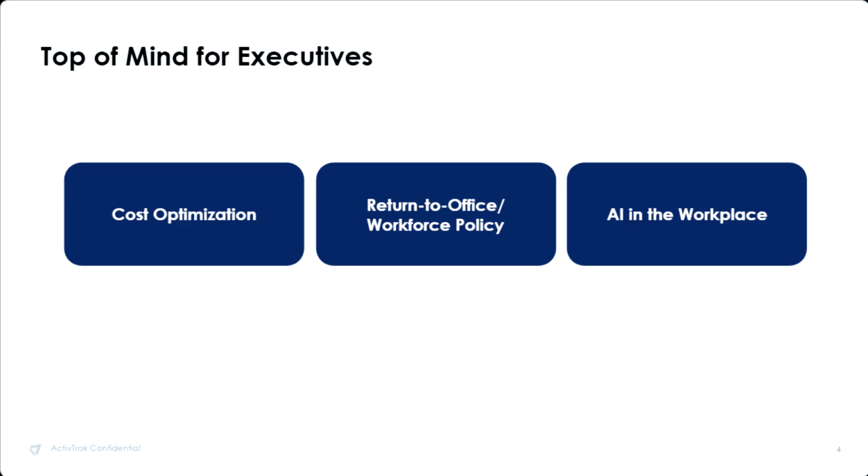The second is not a new topic, but it is a persistent one, which is I'm not sure today that my return to office or my work location policy makes sense for what I'm trying to drive at as a business. Or more commonly, my executive team is split. I have a handful of executives that feel strongly that coming back into the office will improve our performance.